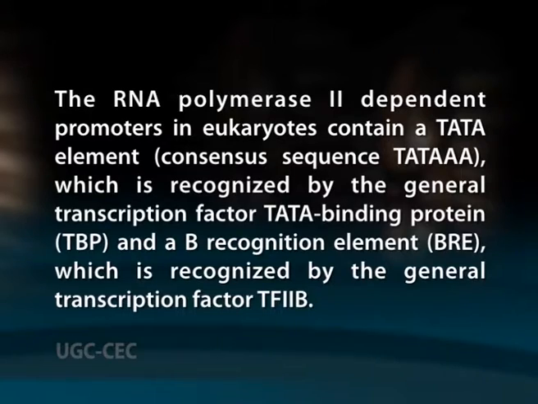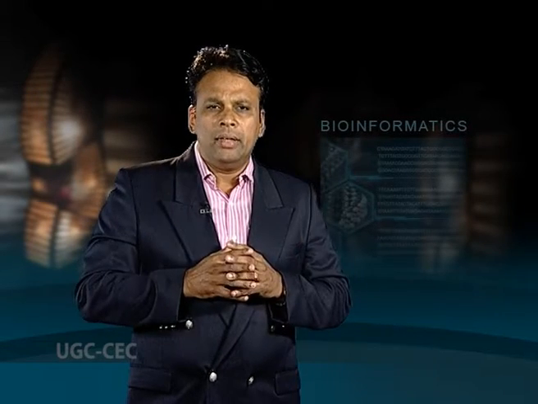The RNA polymerase II dependent promoters in eukaryotes contain a TATA element which is recognized by the general transcription factor TATA binding protein, that is TBP, and a B recognition element BRE, which is recognized by the general transcription factor TFIIB. The TATA element and BRE are located close to the transcriptional start site, typically within 30 to 40 base pair.